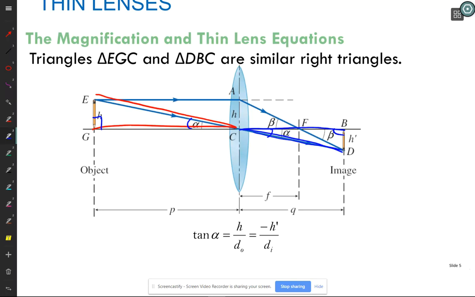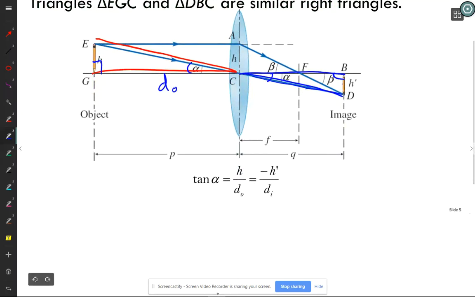And so in this case, because it's a right triangle, tangent of alpha on the left side is the height of our object divided by the object distance, which this wrote P, so I'm going to put DO here. So we have tangent of alpha is H over DO.